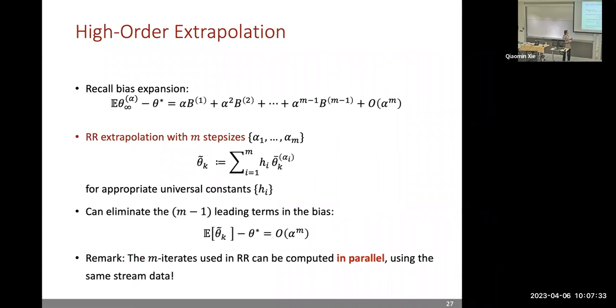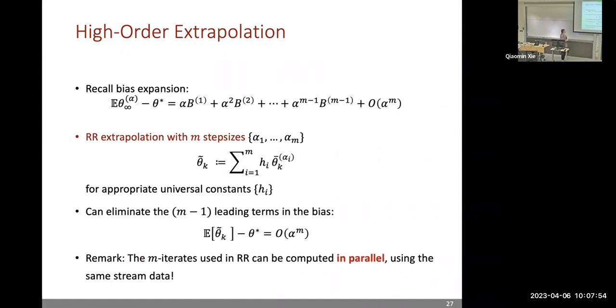Then we can reduce the bias by eliminating the first m-1 leading terms in the bias, and at the end, you only end up with a bias that scales to the power of m. So you can see the larger m you choose, the more bias you can reduce.